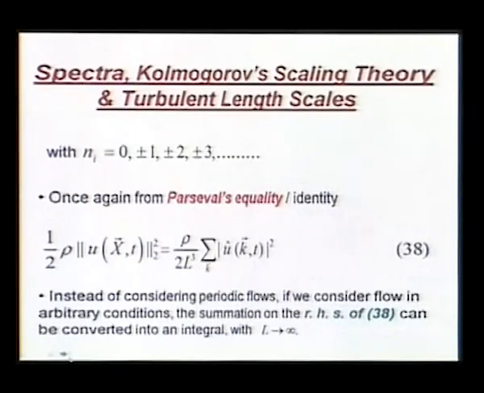That is exactly the same thing as if I had written down the velocity in the spectral plane. So, whether I look at it in the physical plane or the spectral plane, the kinetic energy represented would be the same.